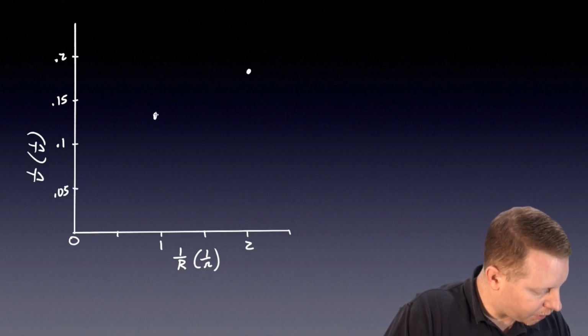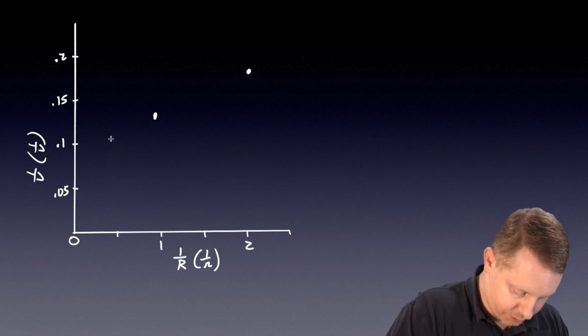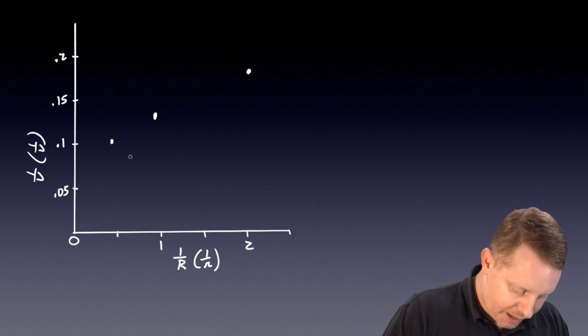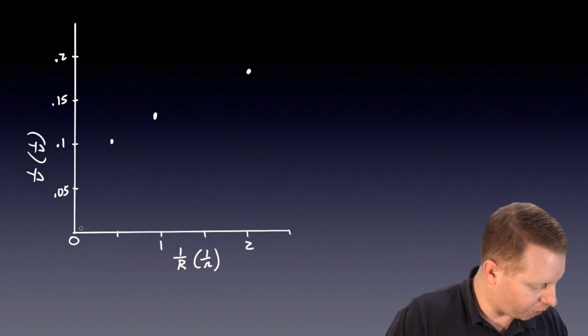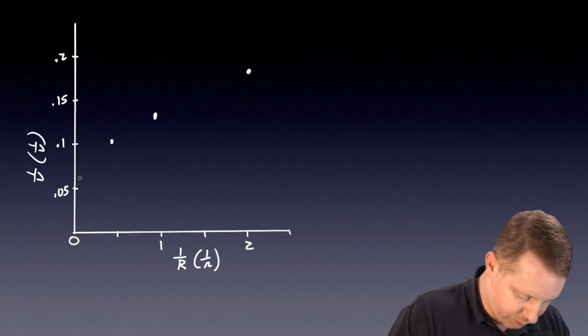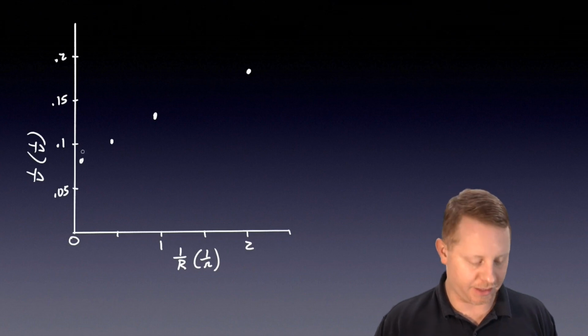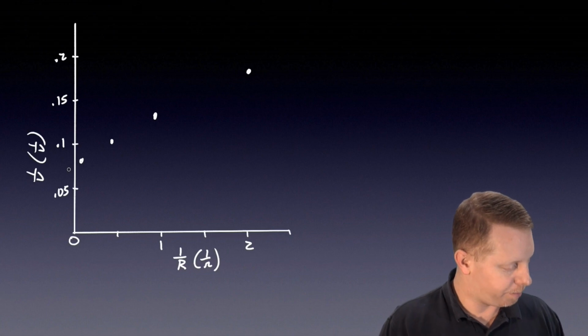For 0.5, we have 0.106, somewhere around there. And I will put one more point in here, though of course you would put all of them in. For 1 over R of 0.1, we're at about 0.088. So we get something kind of like that, and there'll be a couple more points in there. Take your time, plot the points very carefully. Then draw your best fit line.